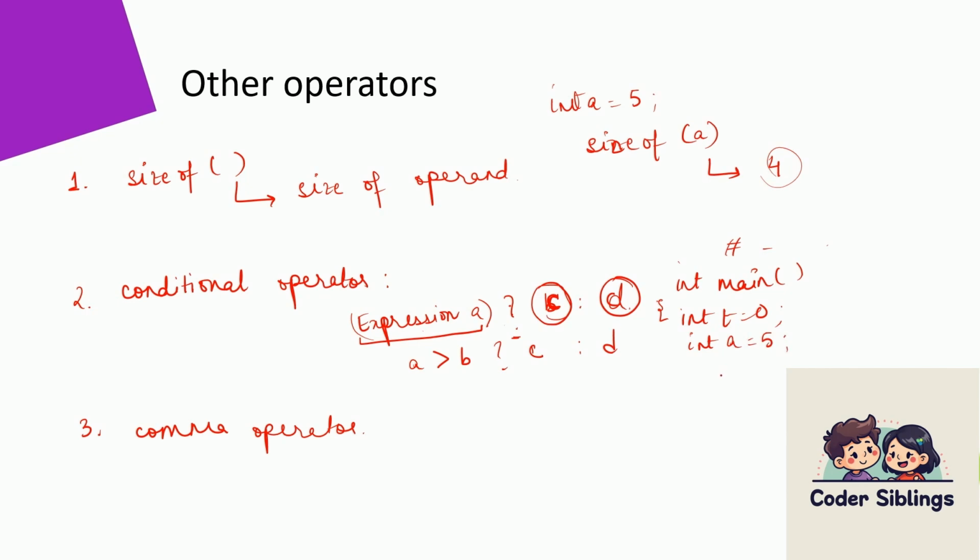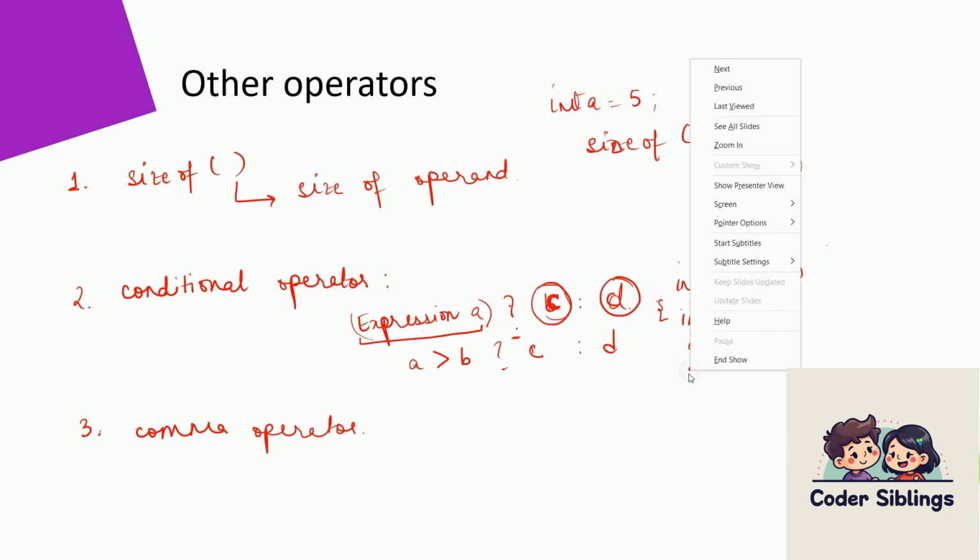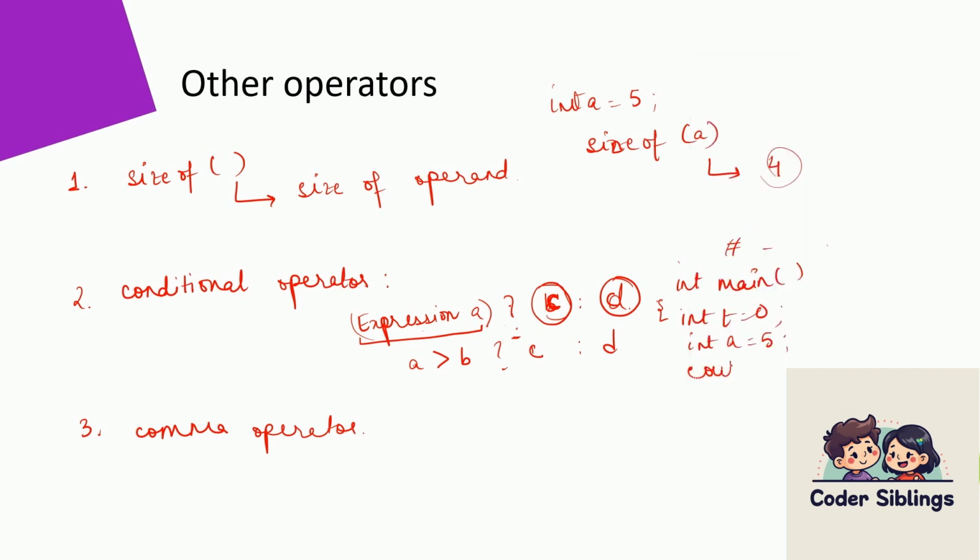So we simply write cout t, question mark, a number or 0, right? So this will return us a number because we have initialized t to be 0, which is false in this case.